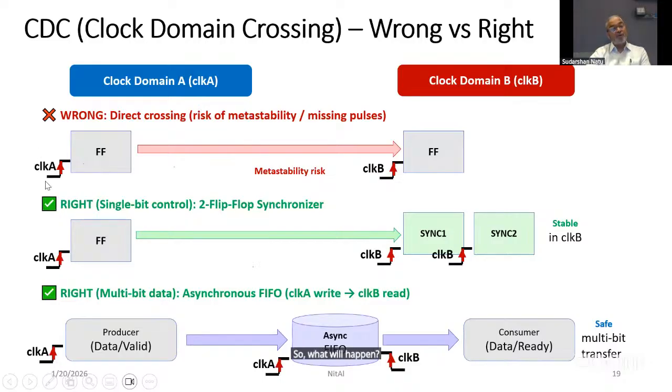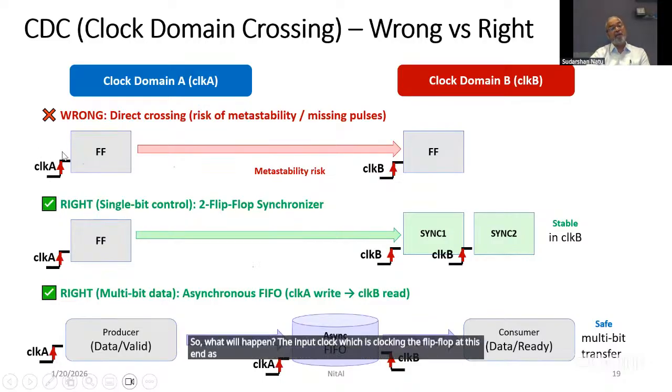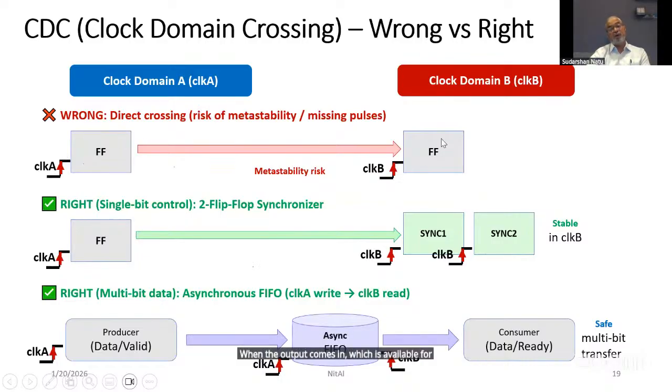The input clock which is clocking the flip-flop at this end as input at clock A, when the output comes which is available for the building block B, it might just not see that edge because the two clocks might be close to each other. It might happen exactly at the same time, and a metastability issue might come.